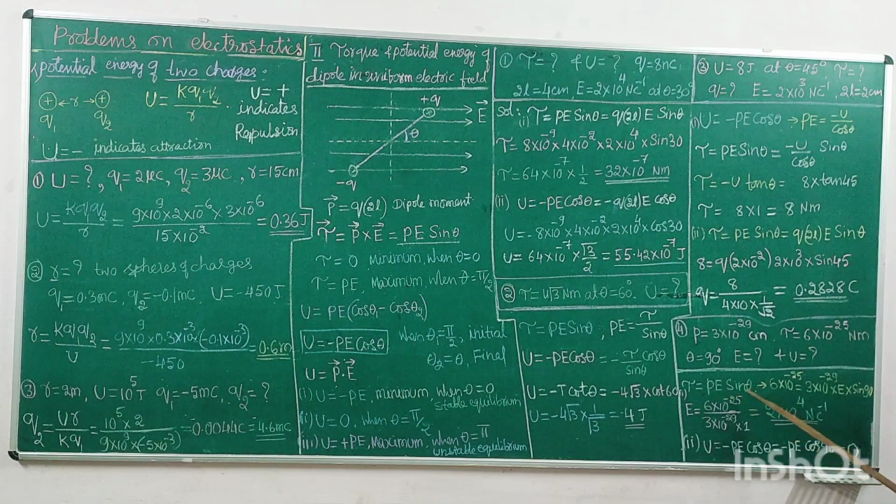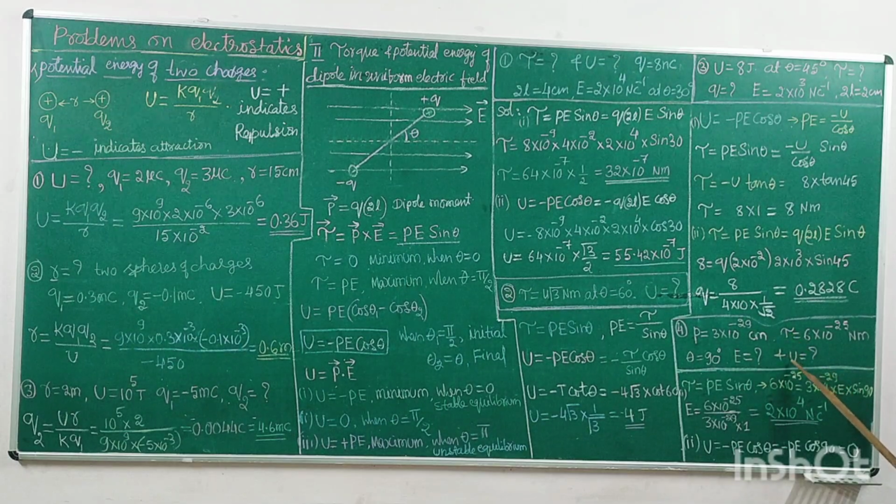So T is equal to this. Substitute for T and P value is given. The value of E is not known, write it as it is. Sin theta value is sin 90, and solve for E is equal to this. Sin 90 is 1. So simplify this, get now the E value in Newton per coulomb. That is the intensity of the electric field in which this dipole is placed.